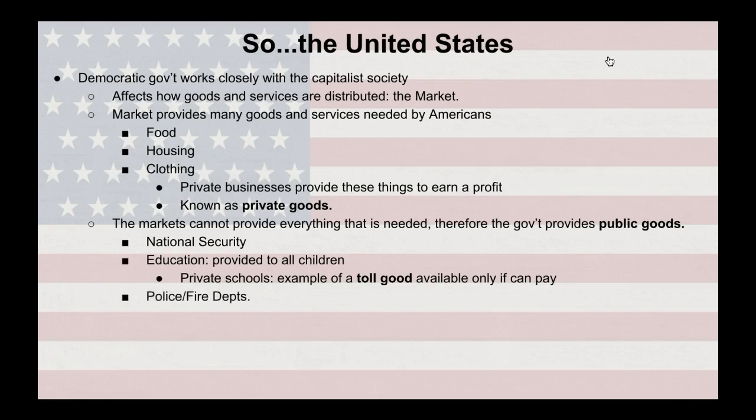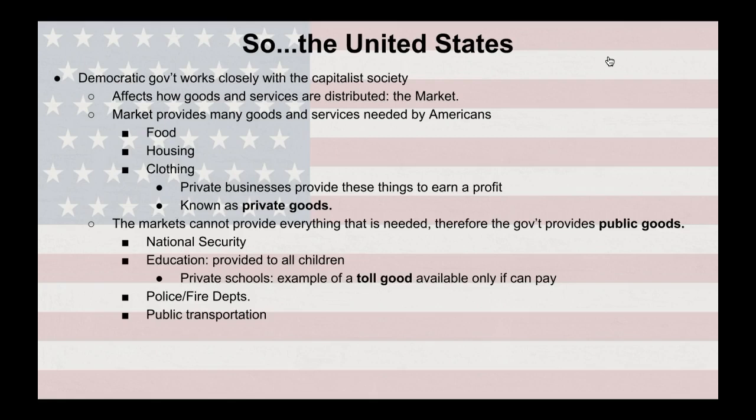Police and fire departments are also going to be public goods that we cannot afford ourselves, our own police force, our own fire departments, and so we rely collectively on the government to provide those for us. Public transportation, excuse me, if we cannot afford an automobile and you live in an area that has public transportation, then the government provides that.